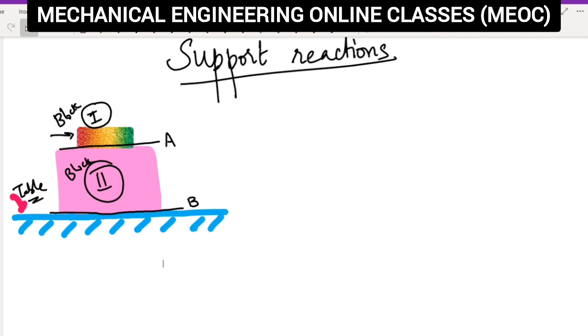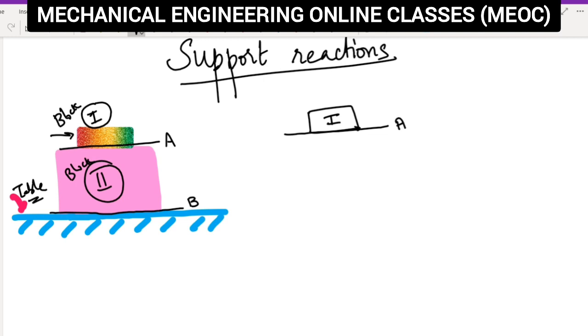And in the video lecture of FBD, all about FBDs, we have spoken a few words about normal reaction. The reaction from the support is always towards the object. So when is that reaction happening? Here in this particular example, this is block 1 which is kept on the surface of block 2.